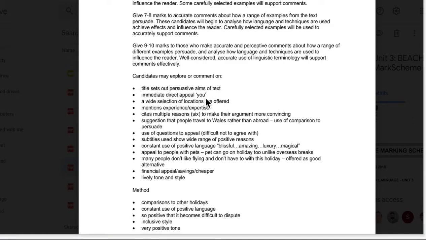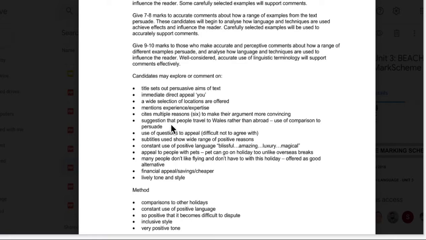We didn't mention the direct address, the direct appeal, but it's a fairly obvious technique you might have talked about. I've got wide selection, so we use the word variety. Multiple reasons. We talked about the comparison with going to Wales rather than abroad.